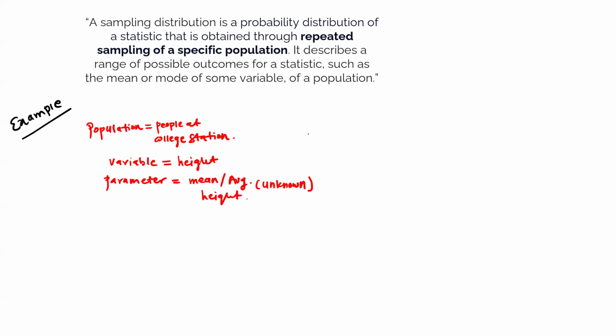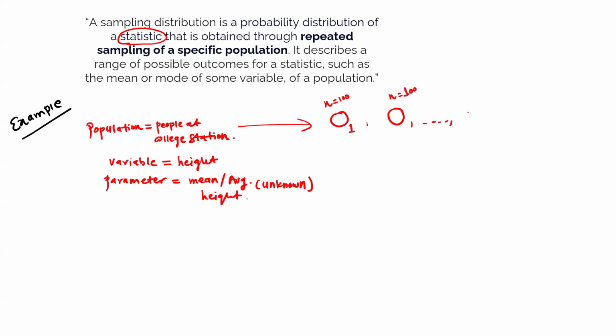A sampling distribution is a probability distribution of a statistic that is obtained through repeated sampling from a specific population. So imagine you are sampling, let's say 100 people. You have one sample of 100 people, okay? You have another sample of 100 people.